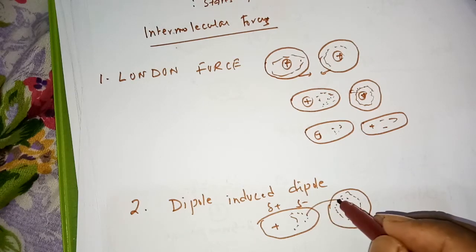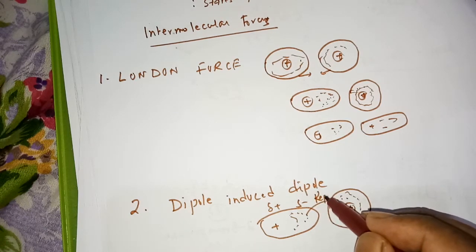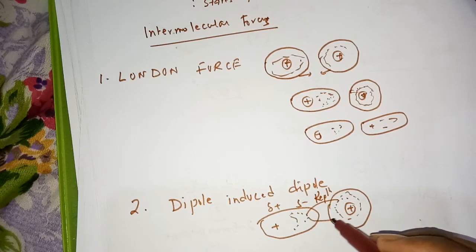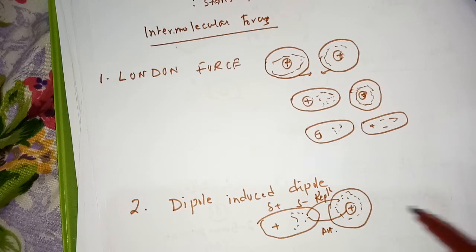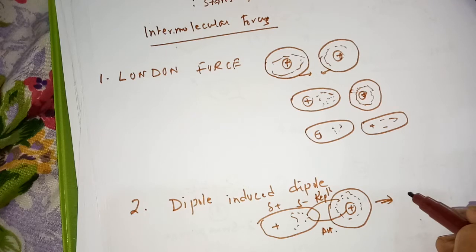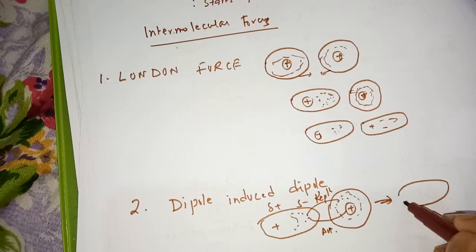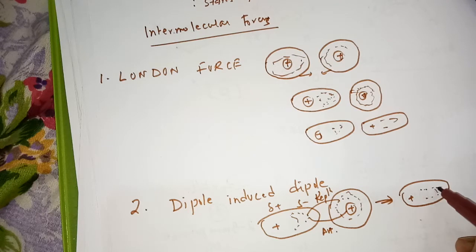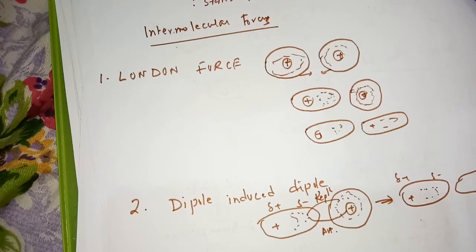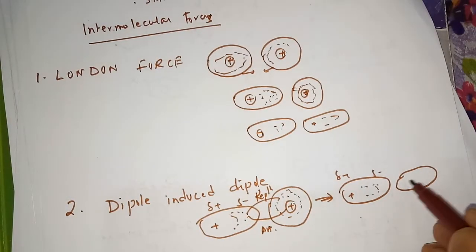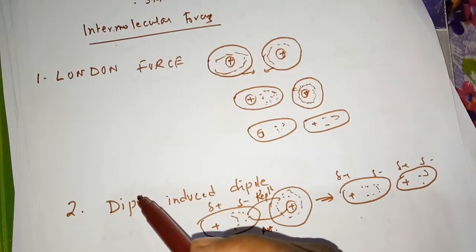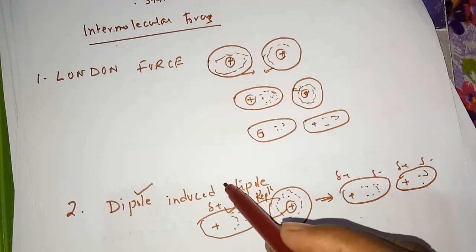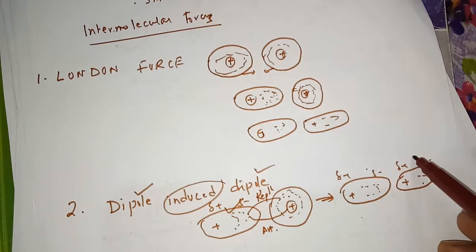Now the electron of this one repels the electron of this one, and the electron of this one attracts the positive charge of this one. So after that, one scenario will come where, due to its positive negative charge, the next one also develops the positive negative charge. So it is called dipole. This is dipole, induced dipole in this one.